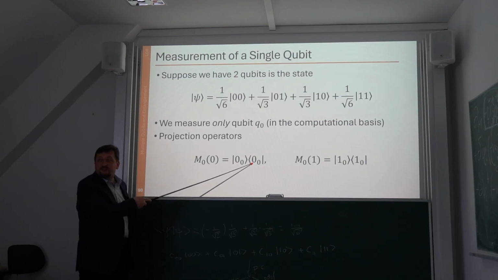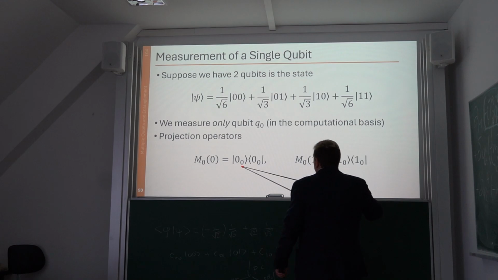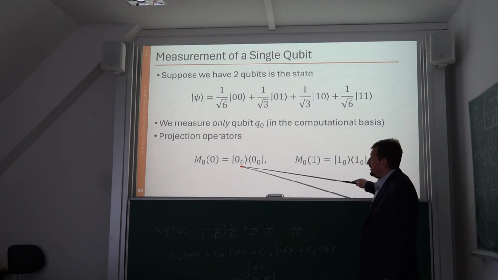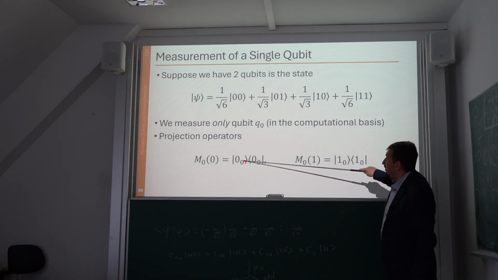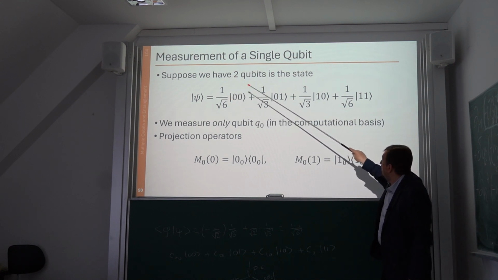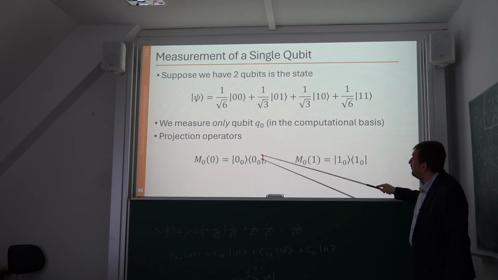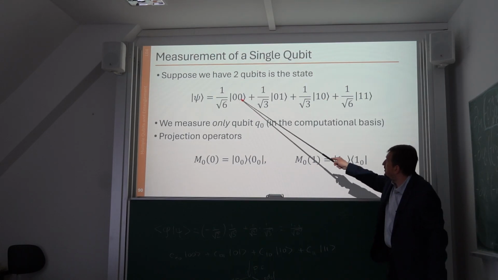This is a partial scalar product, so this is why we need partial scalar products. When we apply this operator, actually in this case it's quite simple. This projection operator will select this term, and it will select this term. So it selects the term in which the 0th qubit is in state 0.